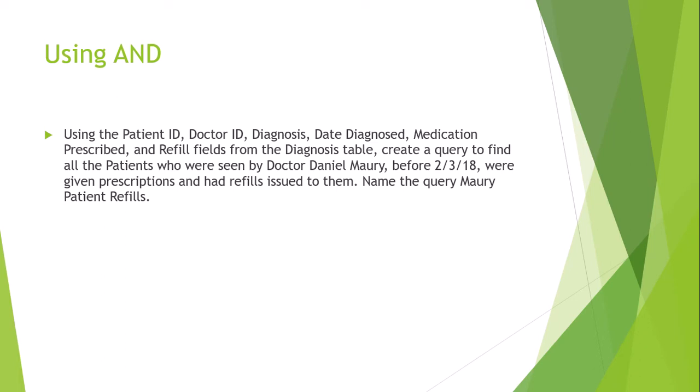So if you had a first name field and a last name field, you would put the person's first name in the first name field under criteria, and the person's last name in the last name field under criteria in your database. So that way it would search to pull back that specific person or persons with that first and last name. Okay, so that's what we mean when we're talking about and.